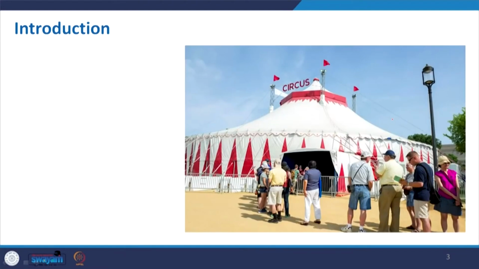Now, to make it more simple, I think all of us have some experience of watching a circus, and we know the tent. So, how is it formulated?